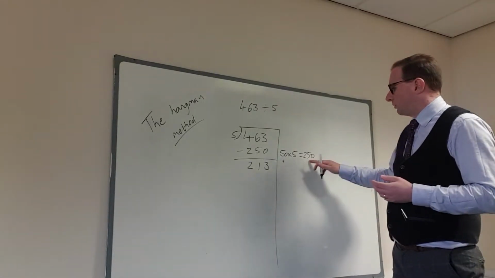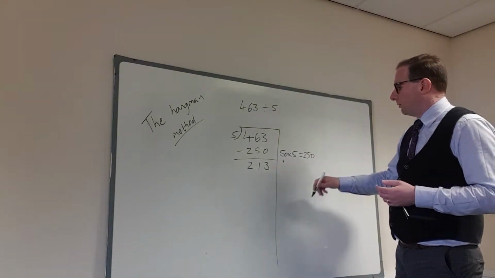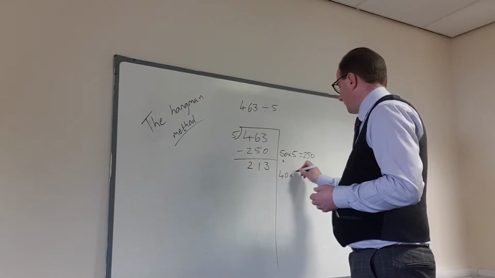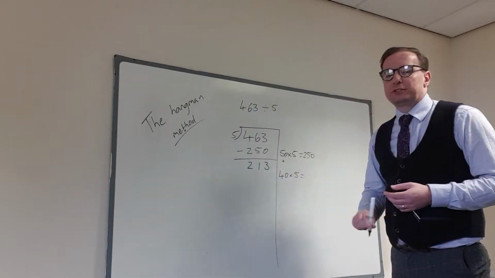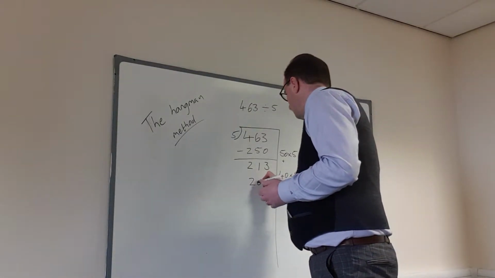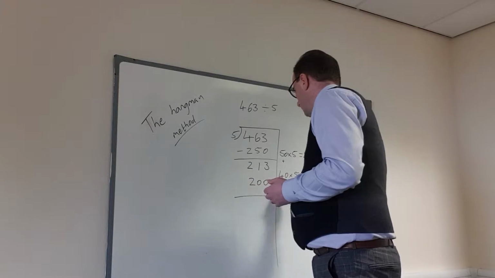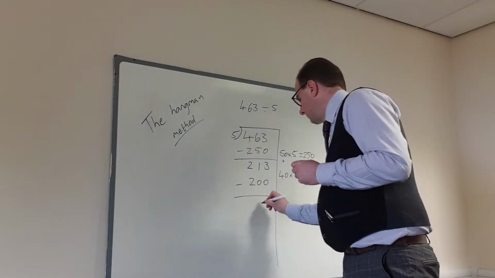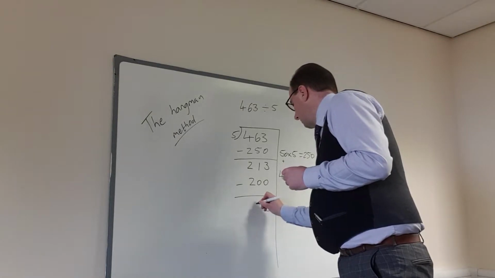In fact, no, we won't cut the sums in half. We don't need to go that far. We'll look at another 10. We'll look at 40. 40 times 5. What's 40 times 5? 200. That's another nice round number. So 200. 213 minus 200 gives us 13.